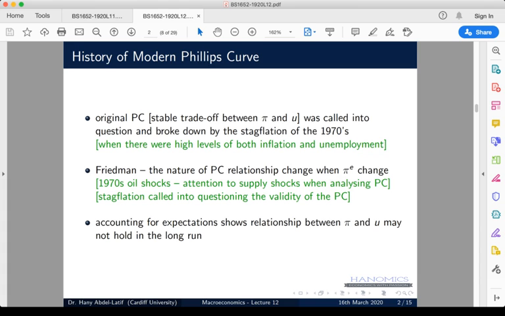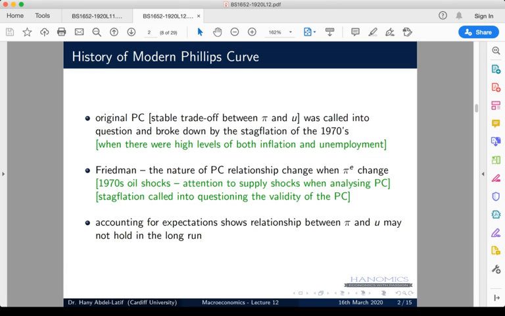So we bring in expectations about the inflation rate, and we also need to take into account any supply shocks, because the main issue in the 1970s was the oil price shocks, and that drew attention to the importance of considering supply shocks when trying to understand the Phillips curve, which was later called the modified Phillips curve, or the expectation-augmented Phillips curve.